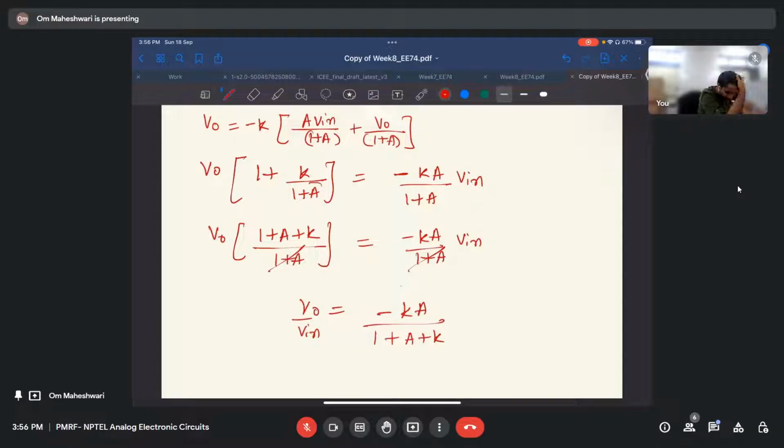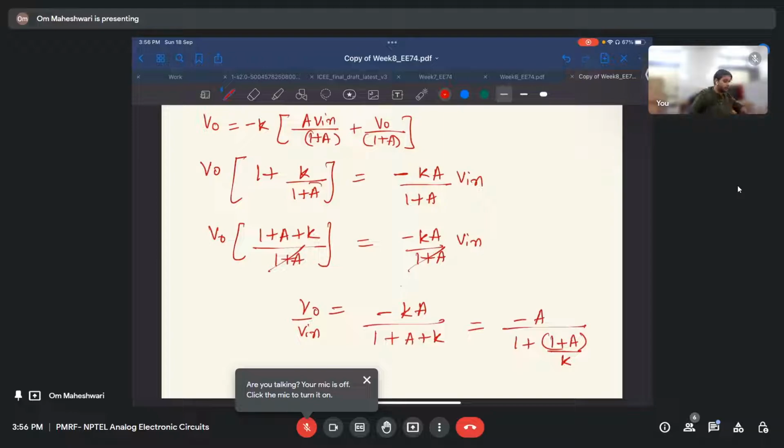Right. So if I take this K in the denominator, I will get minus A upon 1 plus A by K. Okay, so why am I trying to bring it in this form? Because this is now the gain of the circuit, right?